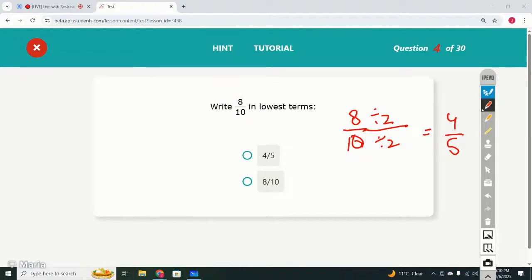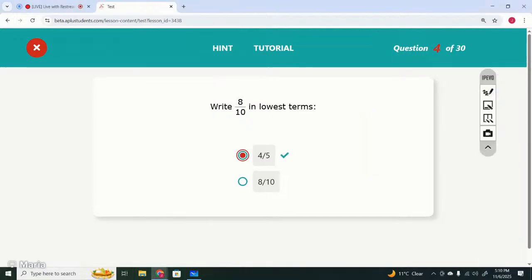That would be 4 over 5. The correct option is 4 over 5. Option number 1 is the correct option.